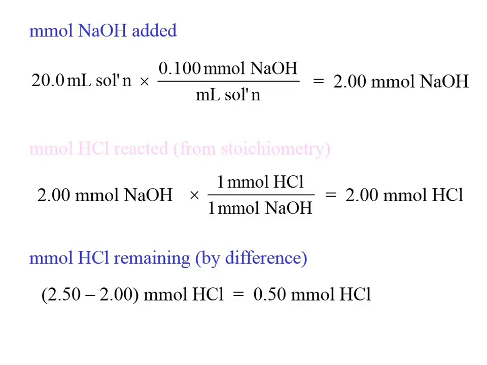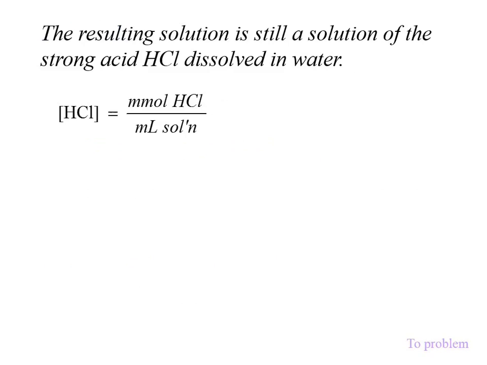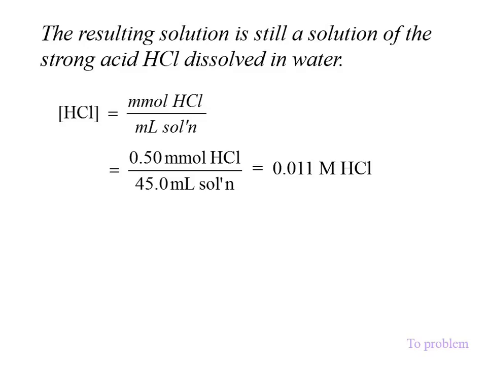We divide those millimoles by the volume, 45.0 milliliters. If we stick with the millimoles, milliliters convention, it makes it easier. Rounding to 2 sig figs, the molar concentration of your HCl is 0.011 molar.